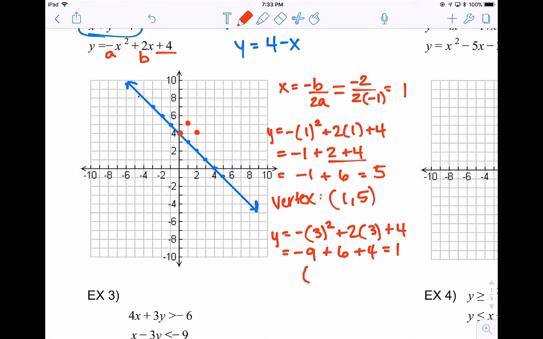So that means we have another point at 3, 1, and that we can also reflect over. That's 2 units away from our vertex, so if we go 2 units the other direction, we can get another point there. That'll give us our parabola.